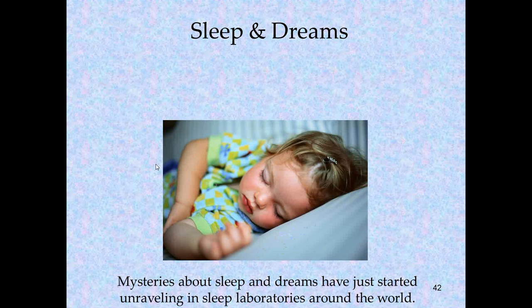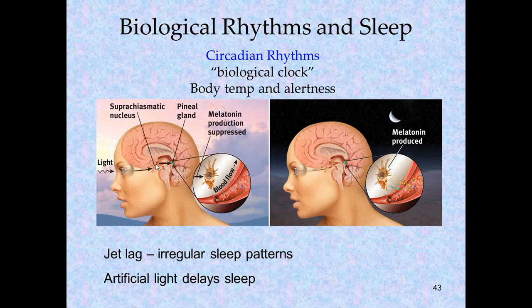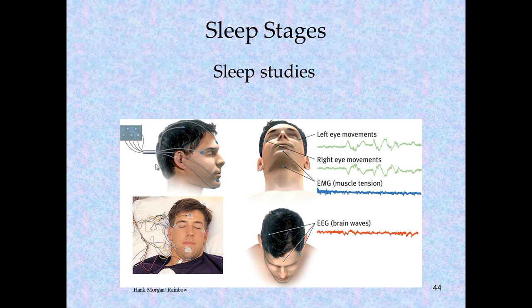There we go. Sleep and dreams. Okay, so sleep laboratories around the world are helping us to unravel many of the mysteries that surround sleep and dreams. One of the techniques that is used in those is the polysomnograph.